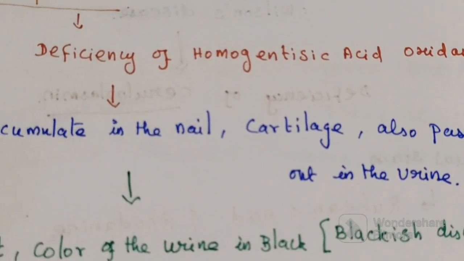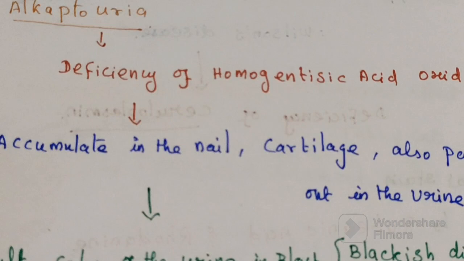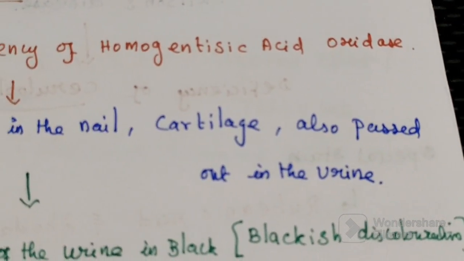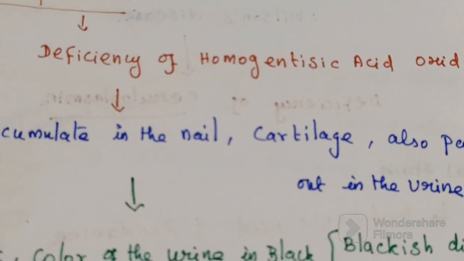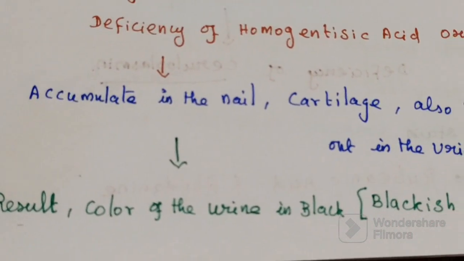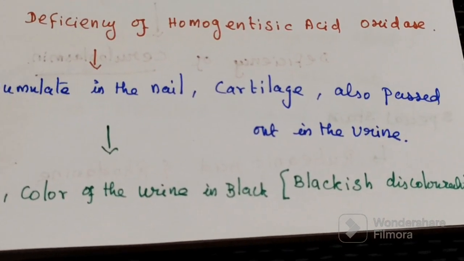So this homogentisic acid accumulates in nail and cartilage and is also passed out in the urine. As a result, the urine shows black discoloration.